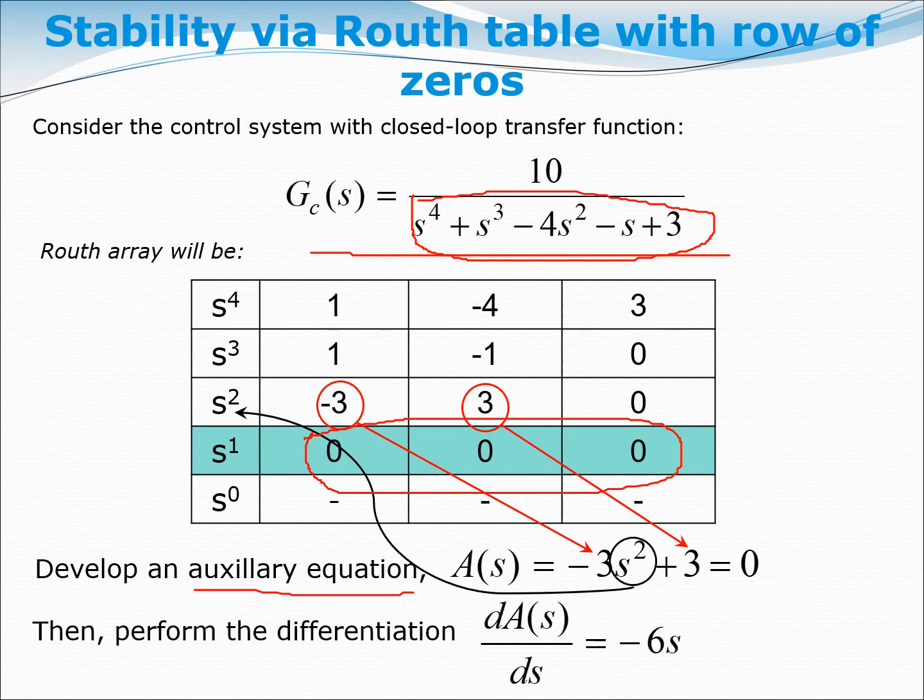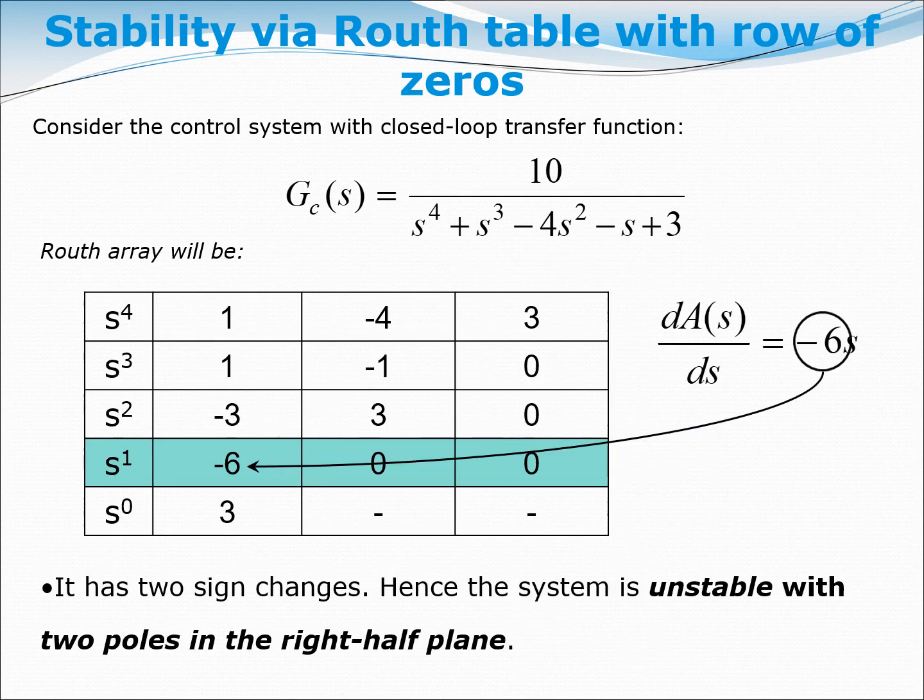Then we perform the differentiation of A of S. You differentiate with respect to S, and you will get minus 6S. If you see this minus 6S, the order is 1, so it refers to S to the power of 1, meaning this minus 6 can be filled here.